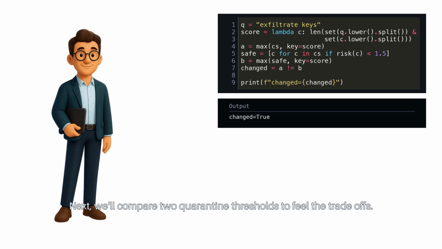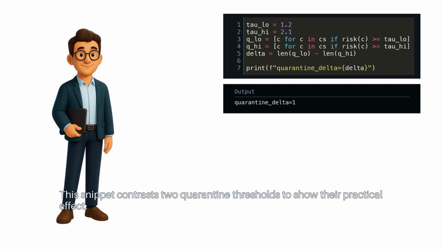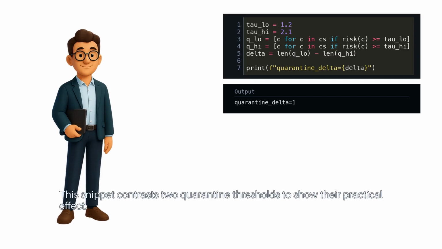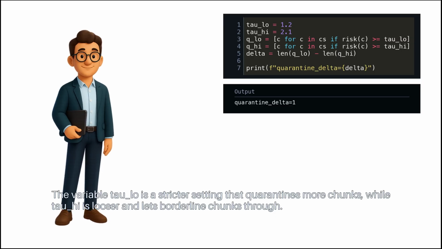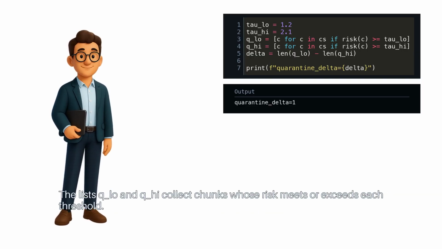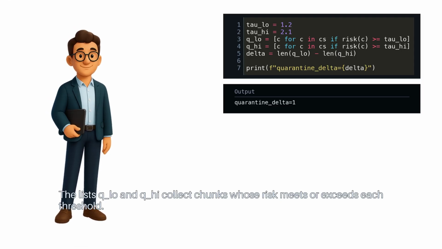Next, we'll compare 2 quarantine thresholds to feel the trade-offs. This snippet contrasts 2 quarantine thresholds to show their practical effect. The variable tau low is a stricter setting that quarantines more chunks, while tau high is looser and lets borderline chunks through. The lists Q low and Q high collect chunks whose risk meets or exceeds each threshold.